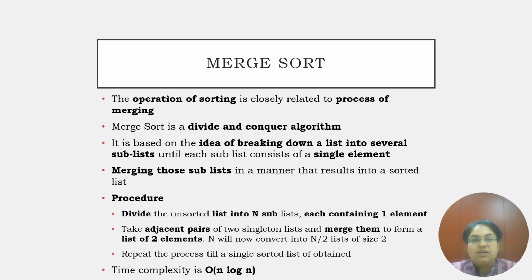By this process, the time complexity of merge sort will be big O of n log n, as we are dividing it into single elements and after that merging those elements until we have the sorted array. That is why the time complexity will be big O of n log n.